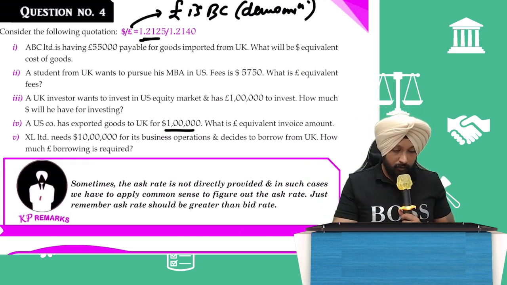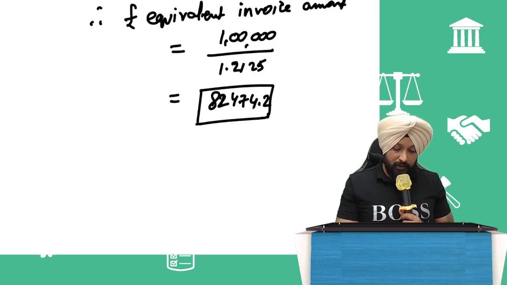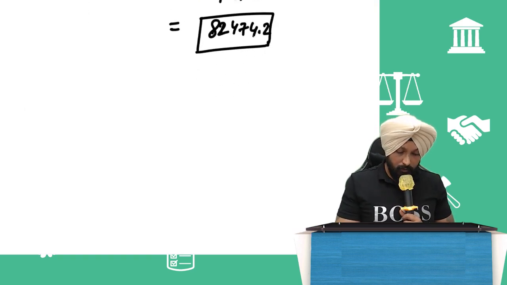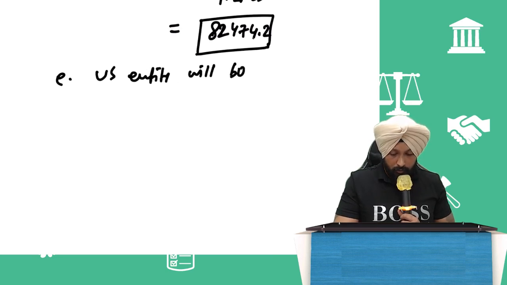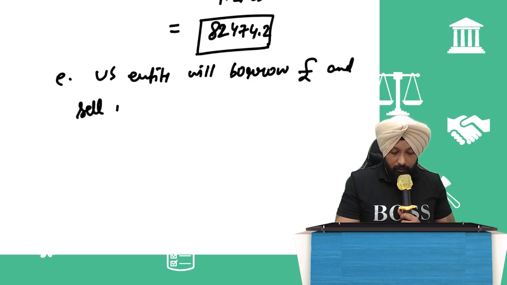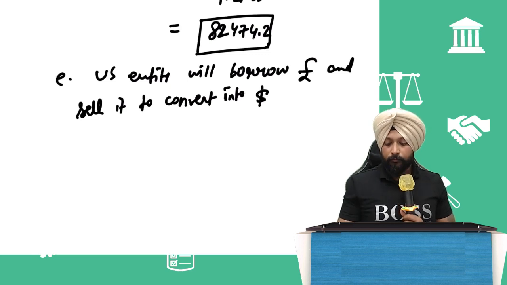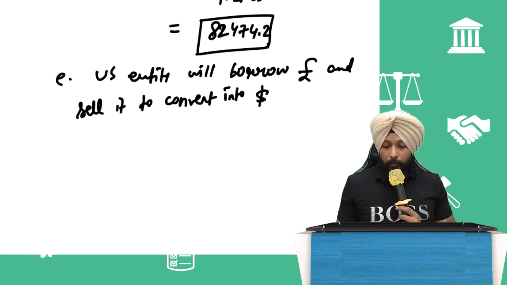US entity will borrow pound and sell it to convert into dollars. So underline the word sell.